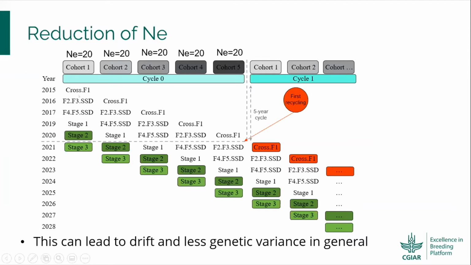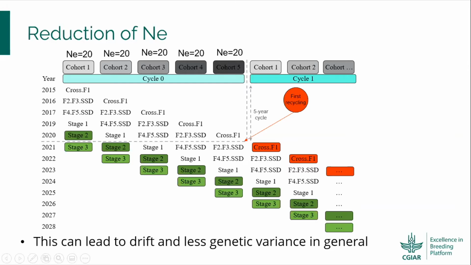This, of course, is just focused on the line program, but the idea extrapolates also to non-inbred crops. You would start, let's say, in year one, making some crosses. Maybe if you have a good system through SSD, you might be able to run more than one generation per year.